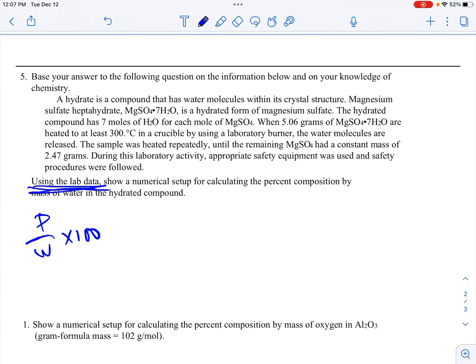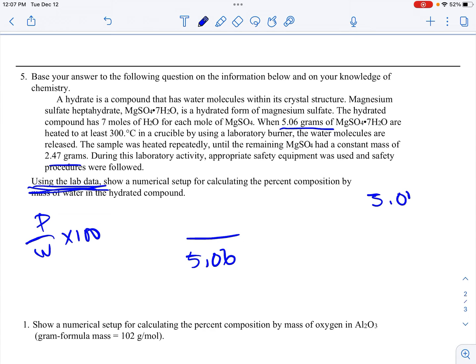So in the lab, I'm looking through, it says, let me look, I'm reading. It says I have 5.06 grams of the hydrate. So that I know is the whole. And it says that I heated it, and then all of a sudden it's 2.47 grams.